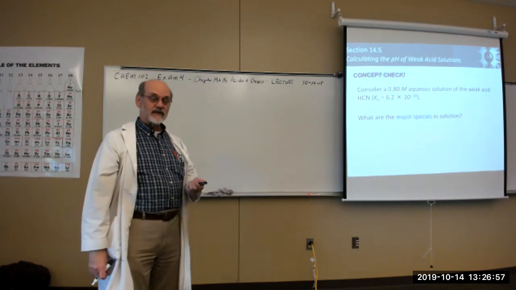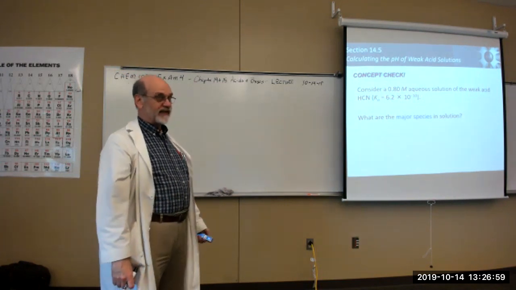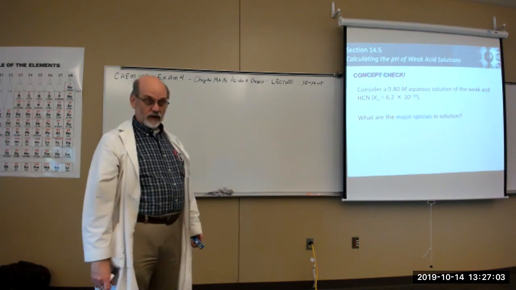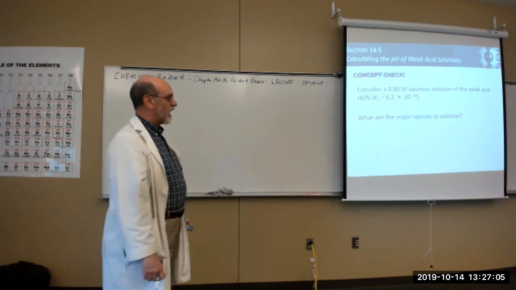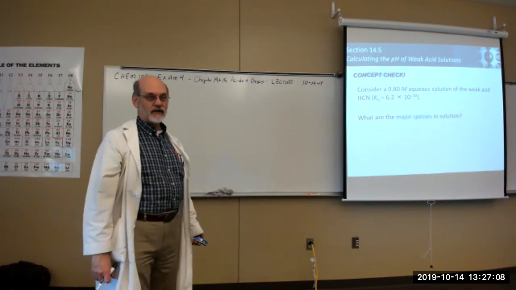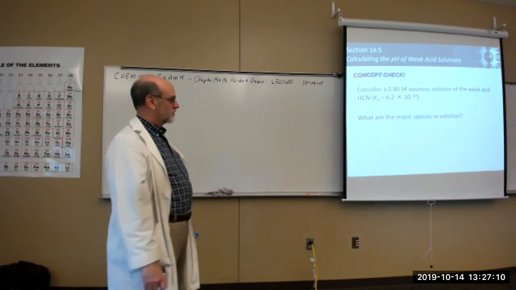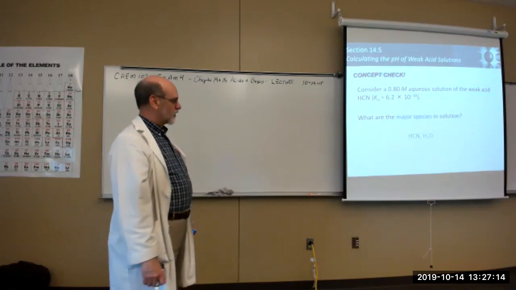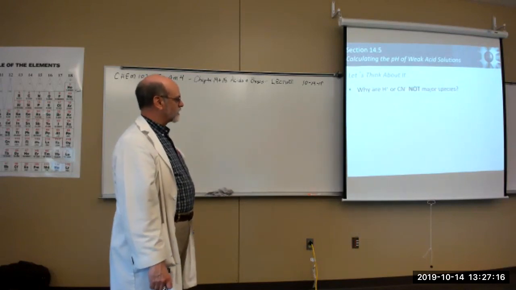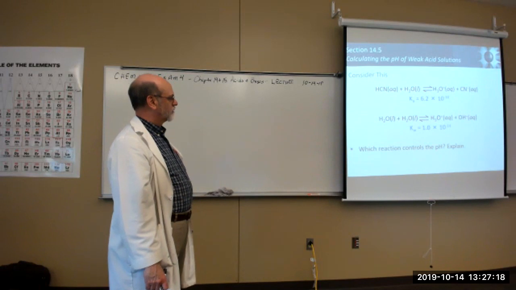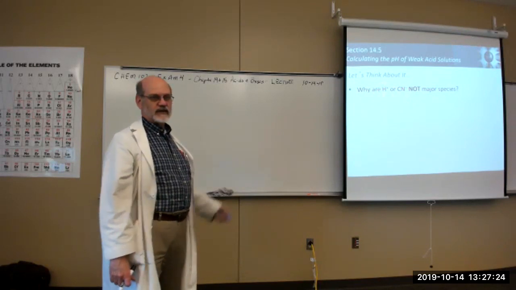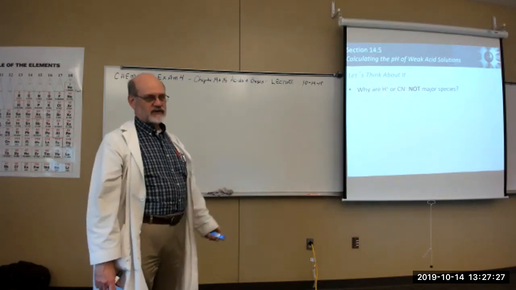Well, it's a weak acid, so we're going to have lots of HCN there. We're going to have lots of water, right? But not so much hydrogen ions or cyanide ions. They're not going to be major species. So those are the two that we're going to react. Well, I already told you that. Because it's a weak acid, you're not going to have these two in significant amounts. They're not major species.